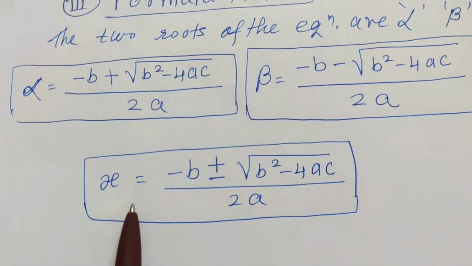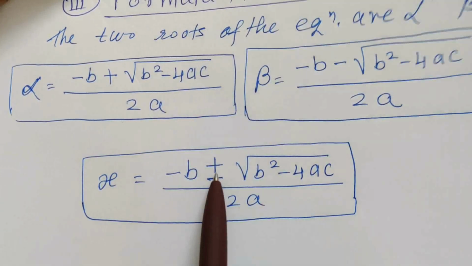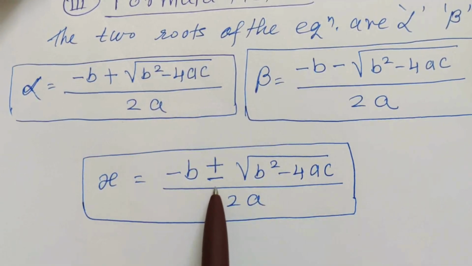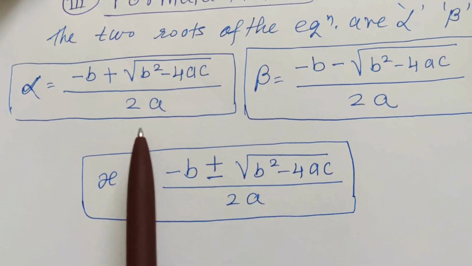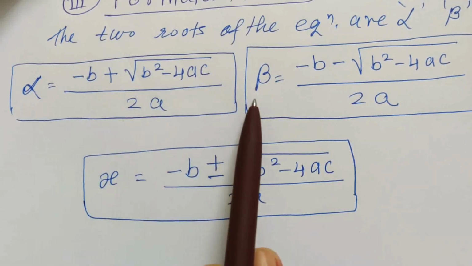So by using this common formula, you will get two roots, one with the plus and one with the minus. Or you can use the separate formulae and you will get the first root and the second root.